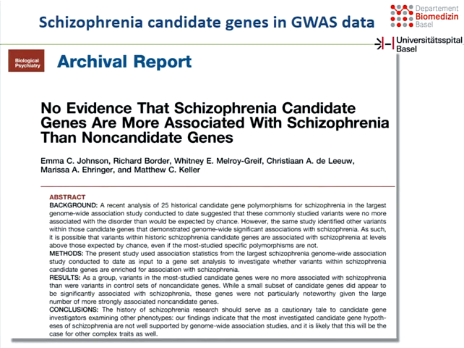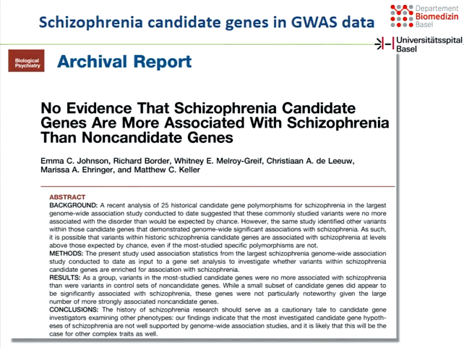And now with the GWAS data that we have, for example in schizophrenia, these huge GWAS data sets, we can also look into these candidate gene hypotheses once again. So we have a number of candidate genes that came up in schizophrenia over the last 20 years or so. And there is an interesting publication, Matthew Keller is the last author.